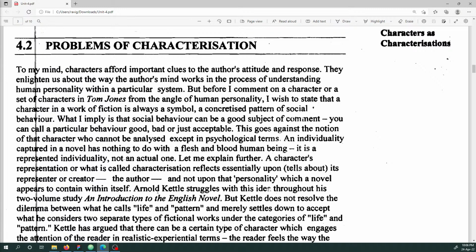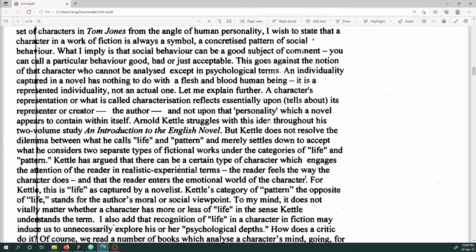Arnold Kettle struggles with the idea throughout his two-volume study, An Introduction to the English Novel. But Kettle does not resolve the dilemma between what he calls life and pattern, and merely settles down to accept what he considers two separate types of fictional works under the categories of life and pattern.